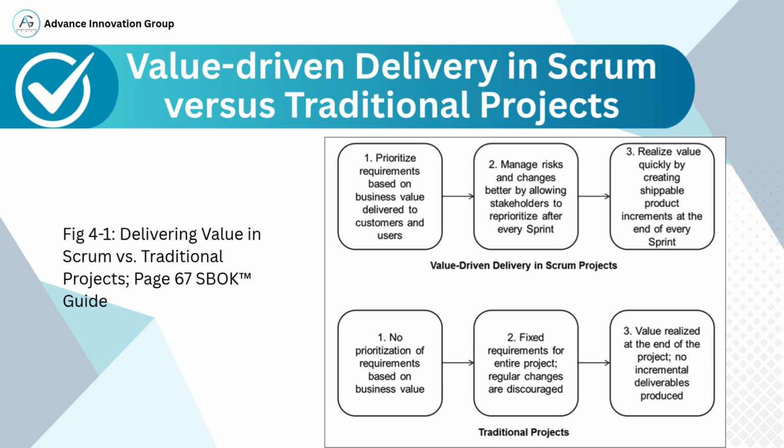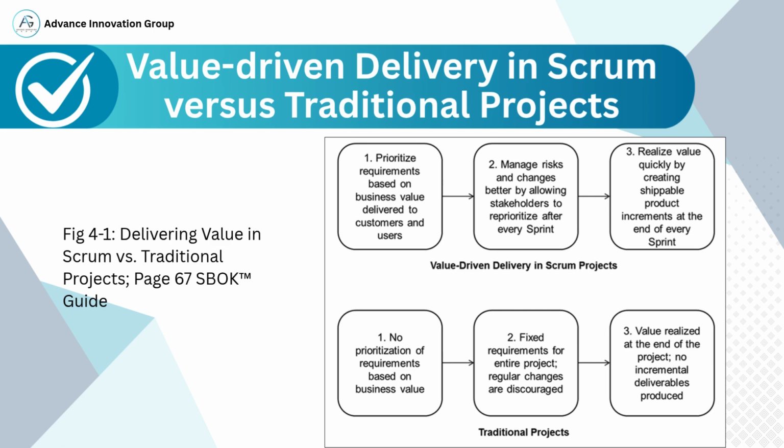In traditional projects, first, there is no prioritization based on business value. Requirements are often fixed at the start. Second, the project scope and requirements remain unchanged, and change is generally discouraged. Third, value is only realized at the end of the project, with no intermediate or incremental outputs.